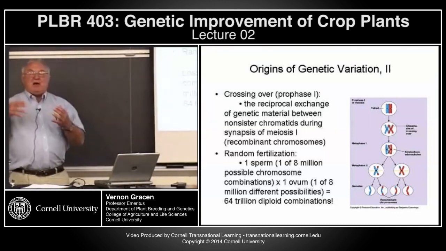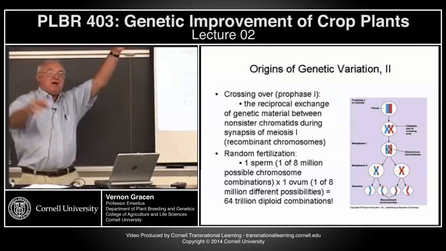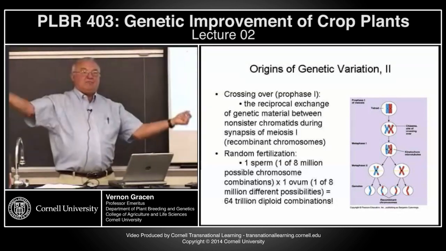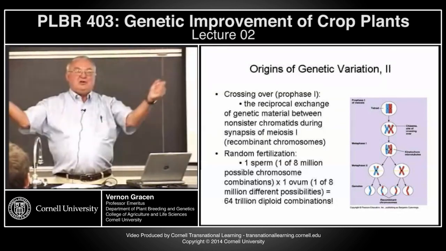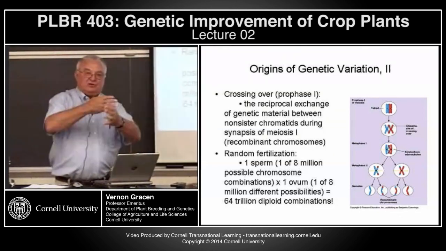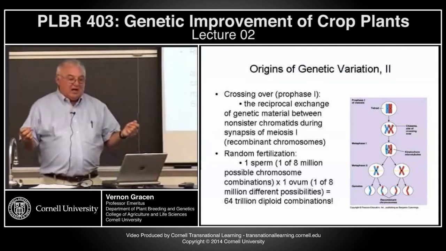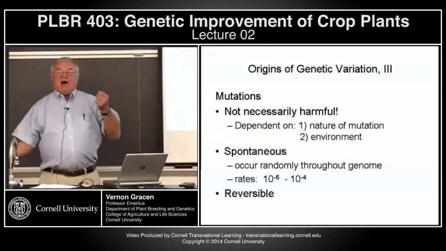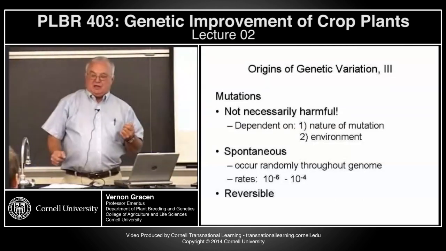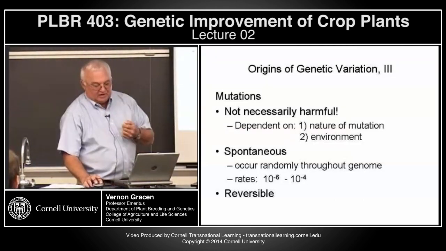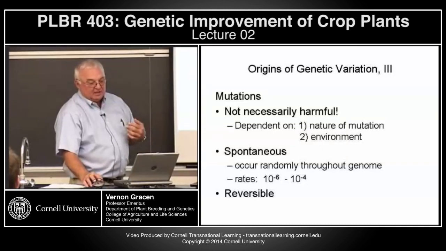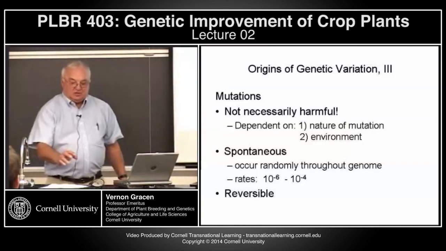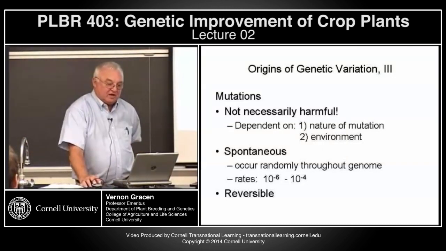When we're talking about plants in populations, whether plant breeders are making the crosses or nature's allowed to control the crosses, random fertilization, we can get outcrosses of material coming in, and we can get genetic variation. And then finally, mutations can give us genetic variation.